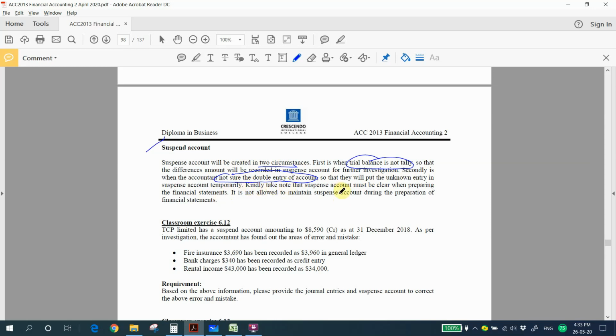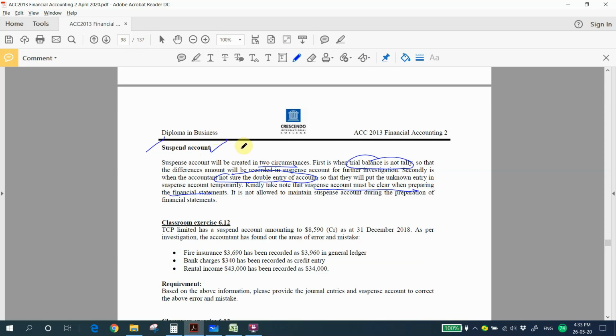Kindly take note that the suspense account must be cleared when you're preparing the financial statement. It is not allowed to maintain the suspense account during the preparation of the financial statement. So in simple words, a suspense account can help the accountant when they are not sure what the double entry is for a certain transaction, so they can put it in the suspense account temporarily.